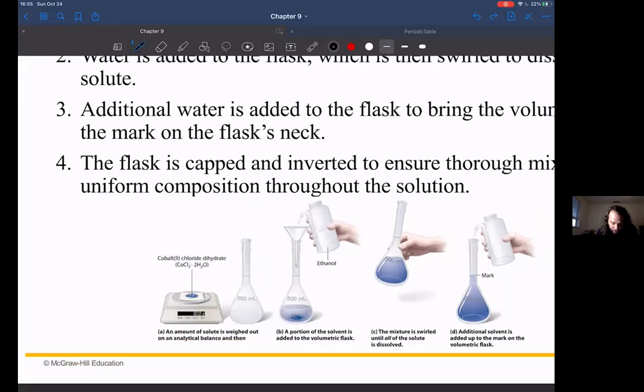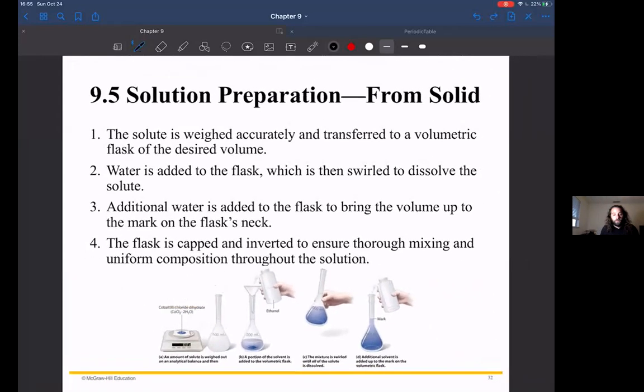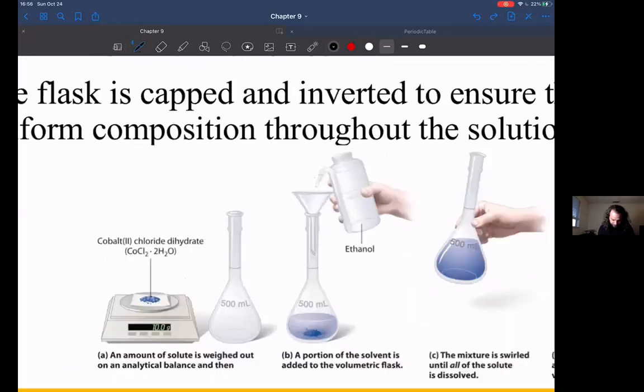Okay. So what you would do is you would first have to calculate how much solid you would want in your solution. So if you wanted to make a 3 molar solution, you would have to do the calculation to figure out how many grams of solute that would require. And you would go to your balance and you would measure that out. So that's this first step here.